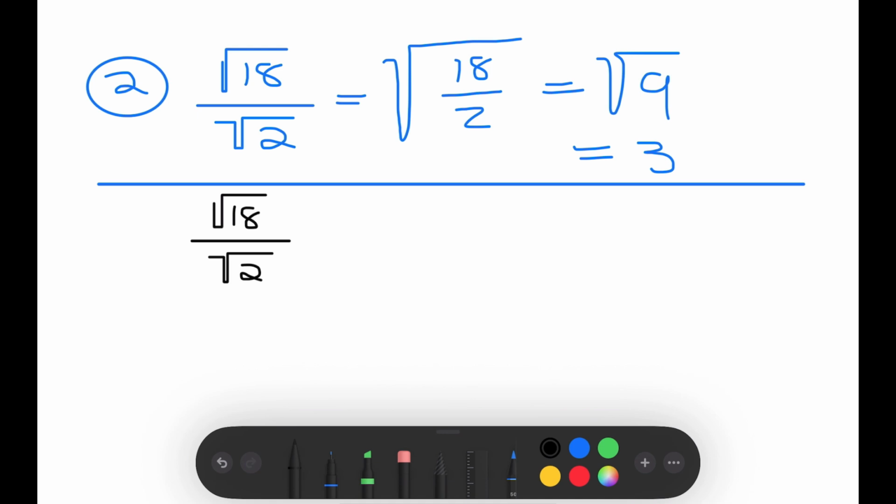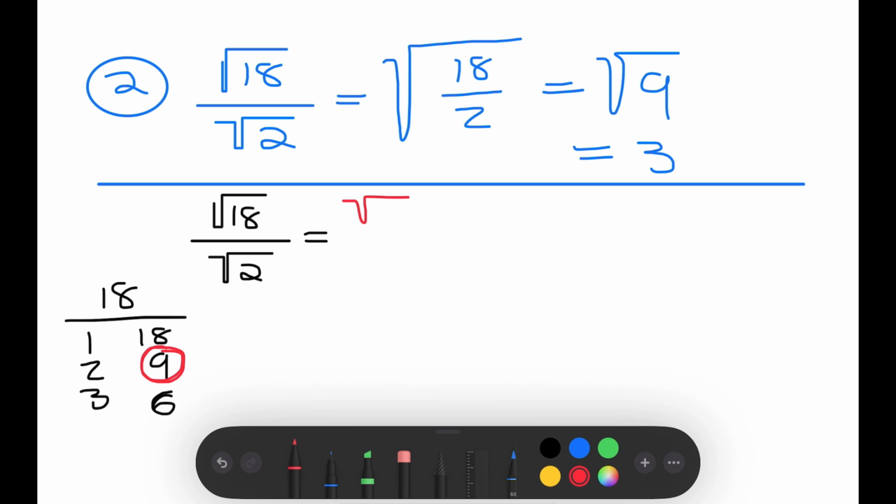Alternatively, someone may have simplified the root 18 first before actually dividing. In this case, we know that the factors of 18 are 1 and 18, 2 and 9, 3 and 6. Choosing the pair that has at least one square number is 9. So I know that the square root of 18 is the same as the square root of 2 times 9, divided by the square root of 2.